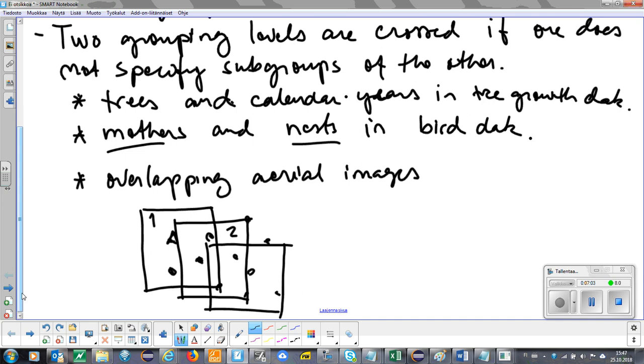On the other hand, this is the same tree, so the properties of the tree are visible in both images, and that's why this is also causing a random effect cross structure, where on one hand we have a tree effect, and on the other hand we have the image effect in each observation. So in this case, the individual trees would be our observations, and we would have several observations of the same tree, because the tree has been observed in several images.